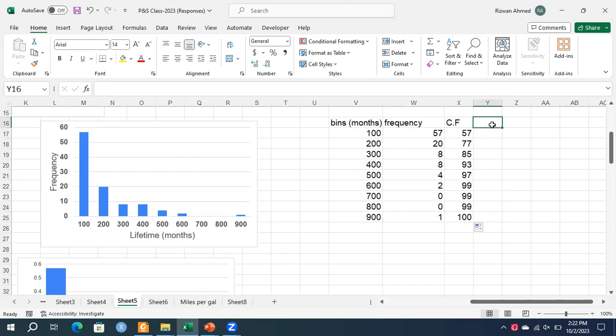Similarly, we can make a relative cumulative frequency. That can be computed by normalizing it to 1, and that is possible by dividing the data frequencies by the total number of objects that were subjected to the lifetime testing.